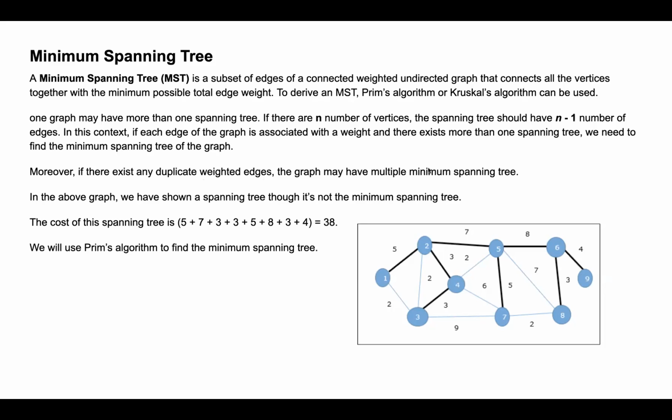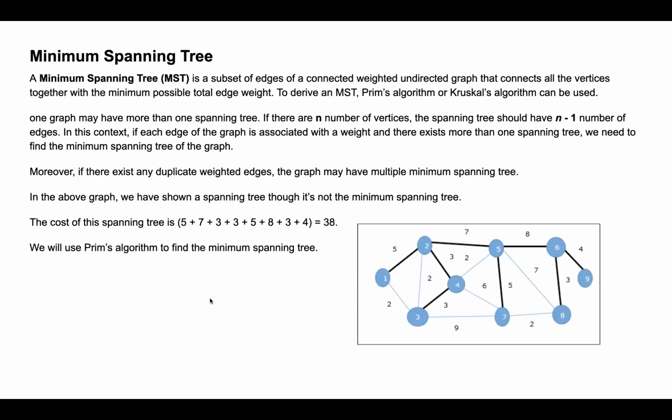Multiple spanning trees are there, we know, but multiple minimum spanning trees will also be there. Why? Because the weights of the edges are the same. 2 to 4 is the same and 1 to 3 is also the same. Getting? For that matter, it will have multiple minimum spanning trees also.